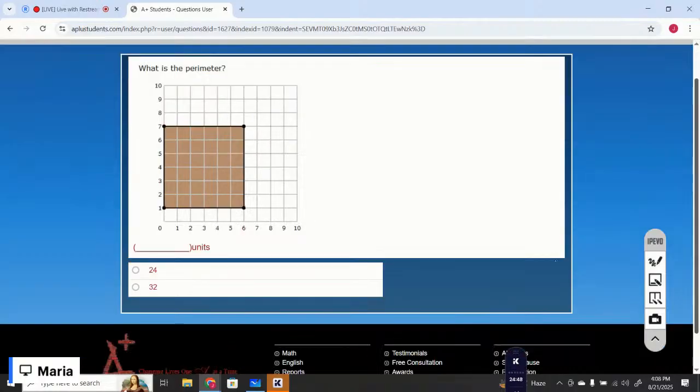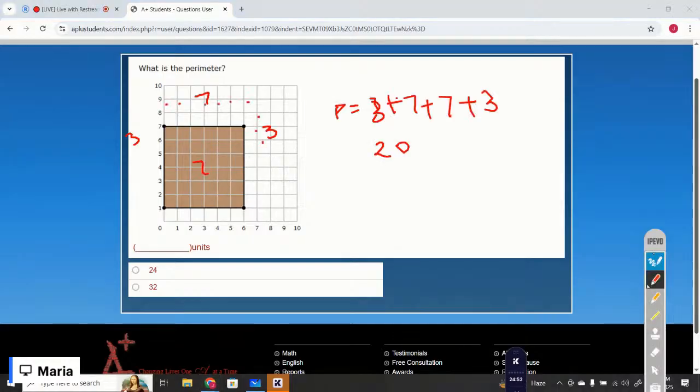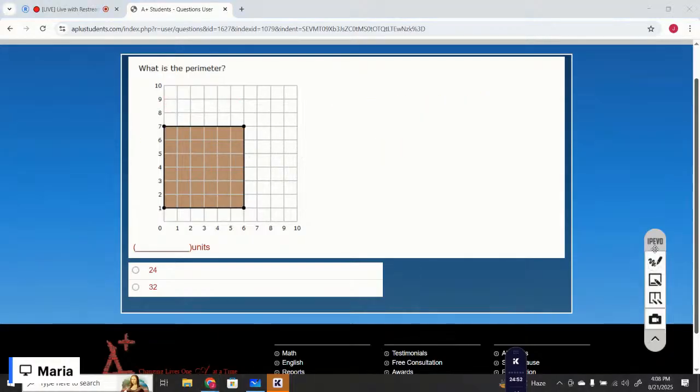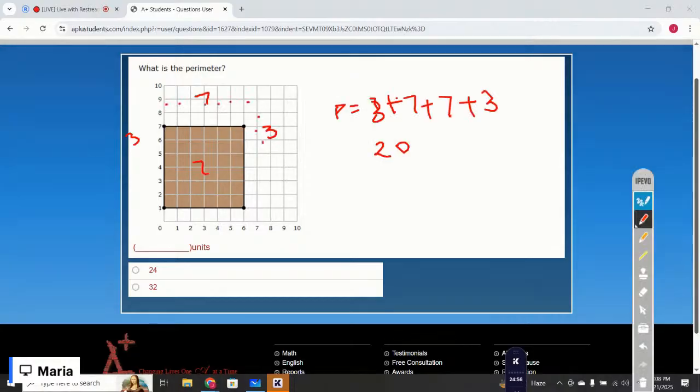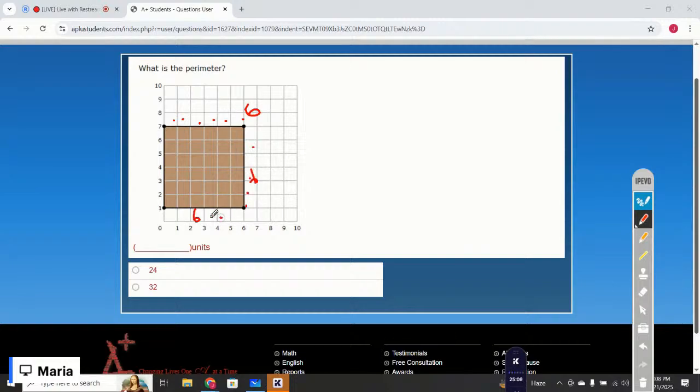What is the perimeter? One, two, three, four, five, six. One, two, three, four, five, six. So the side lengths are 6. You need to calculate the perimeter. Just add the side lengths.